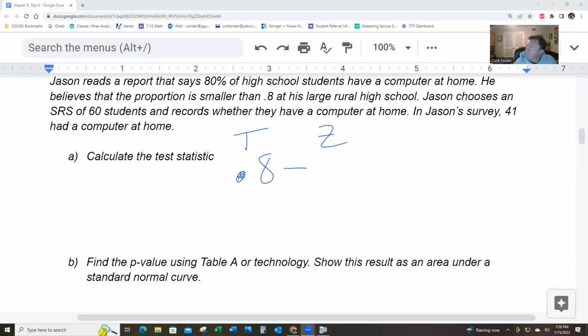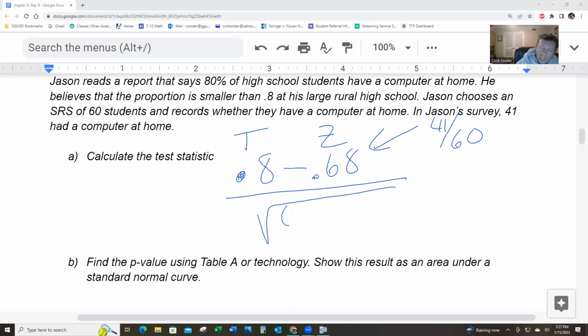So the test statistic is going to be 0.8 minus 0.68. This is rounded: 41 over 60 is about 0.68, divided by the standard deviation, which is 0.8 times 0.2 divided by 60. In its raw form, it's p hat minus p. I actually have this backwards.